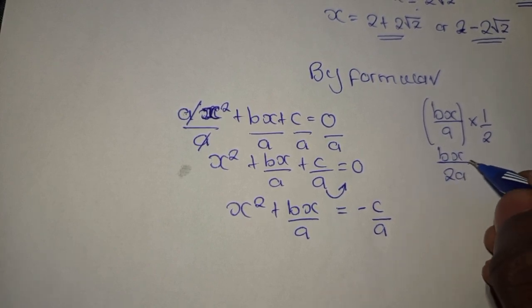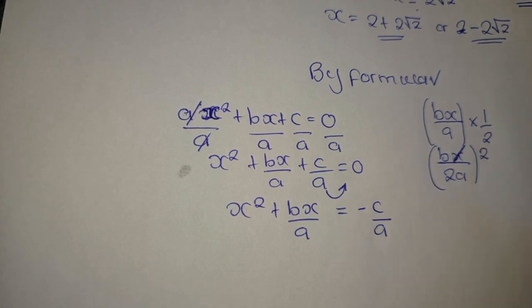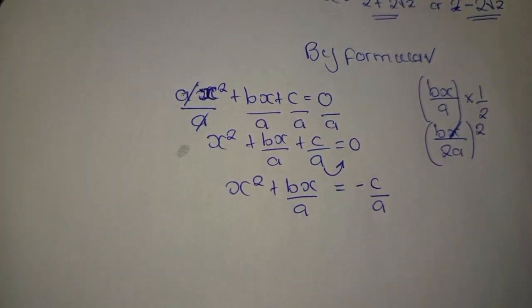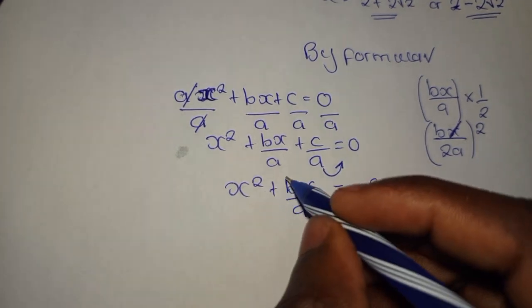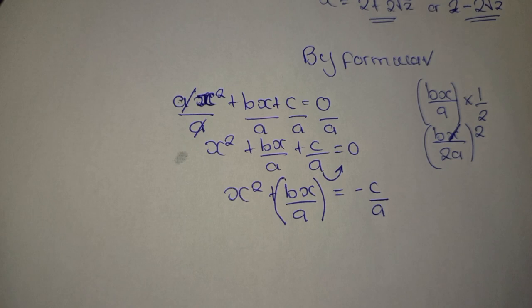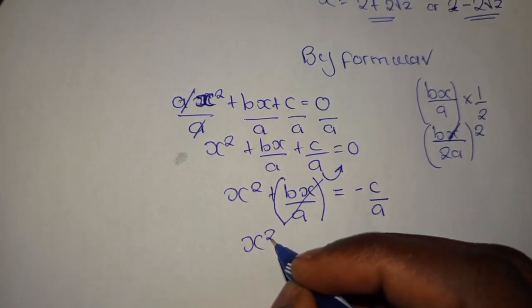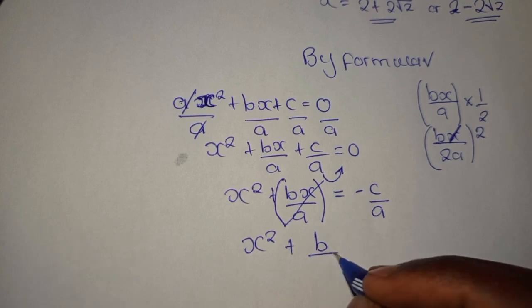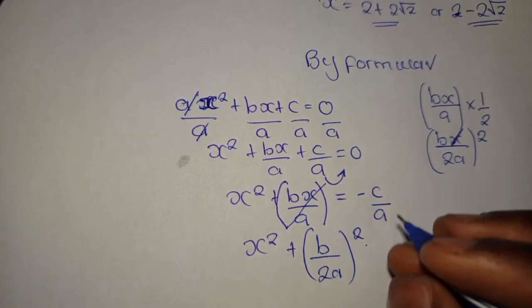But immediately you do this, you forget about the x, and you add the square, so that when you apply the mathematical rules again, the x can definitely come back. But immediately you do this, you need to forget about the guy in the middle there. So this guy, we forget about him, and we have x squared plus b over 2a squared. What you do this side is what you also do to the other side.